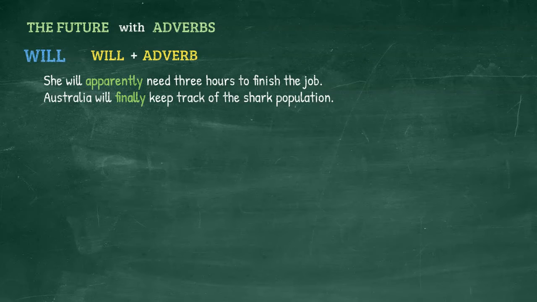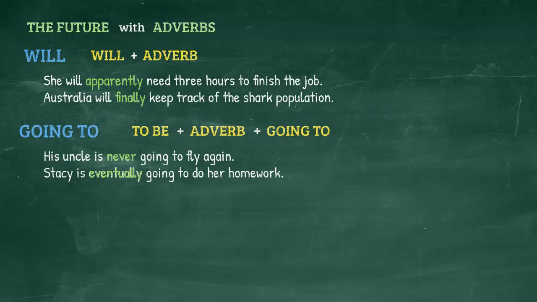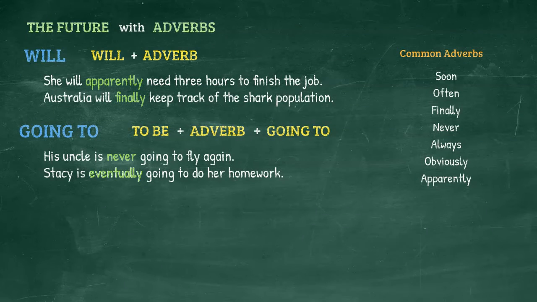When making a sentence with going to, we need to put the adverb between to be and going to, as in, his uncle is never going to fly again, or Stacy is eventually going to do her homework. We cannot use just any adverb with the future tense like this, but here's a list of some of the more popular ones you can.